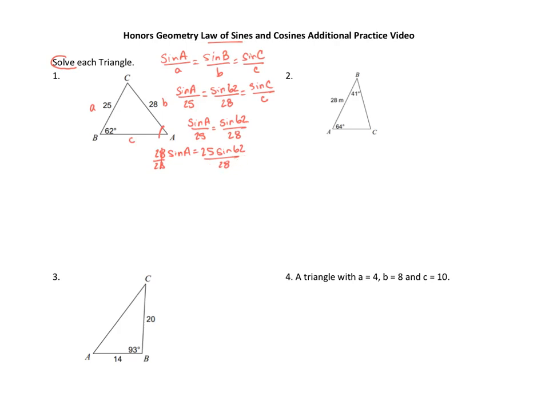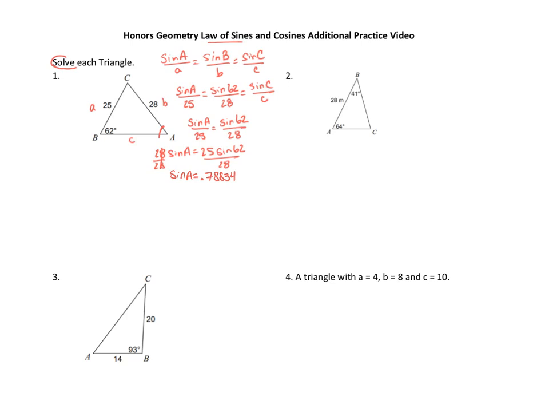So in our calculators, we have to find the sine of 62 times 25, and then divide that answer by 28. So I've put this in my calculator, and the sine of angle A is equal to 0.7883. I'm going to go out to one more place. I told you guys to go out to at least 4 places, and it makes a difference on how it rounds the angle.